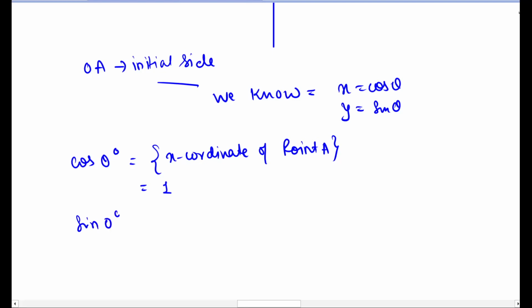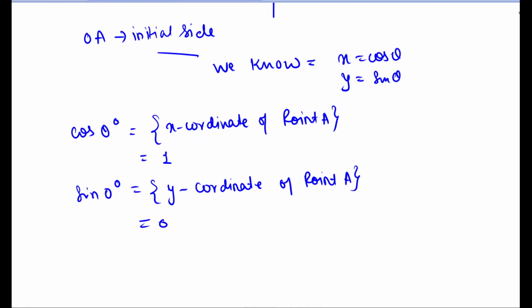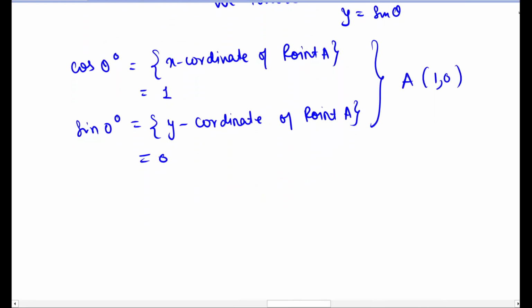Sine 0 is the y coordinate of point A, which is equal to 0. So this is point A (1, 0) at theta equal to 0 degrees.